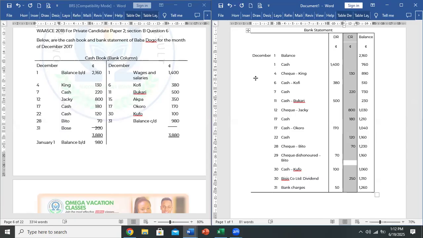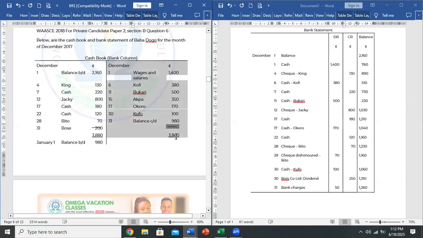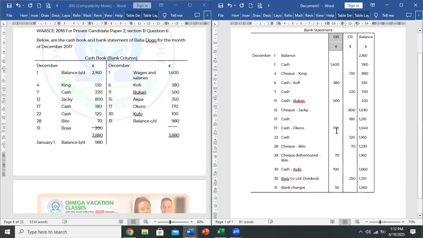Okay? Then if you are looking for the unpresented checks, you compare the credit side of the cash book to the debit side of the bank statement, right? So it's like checks that have been credited but have not been debited here. But I told you we don't call them undebited checks. We call them unpresented checks.